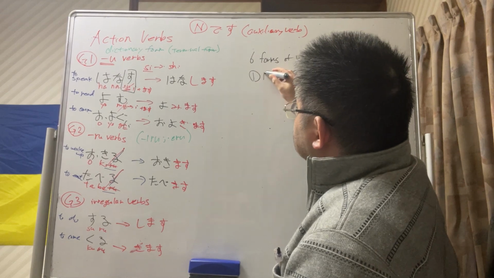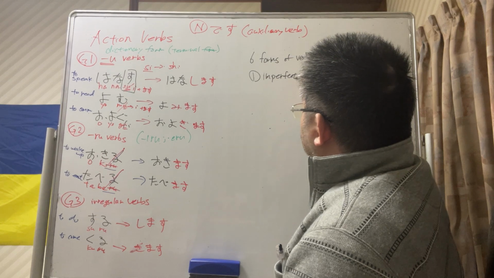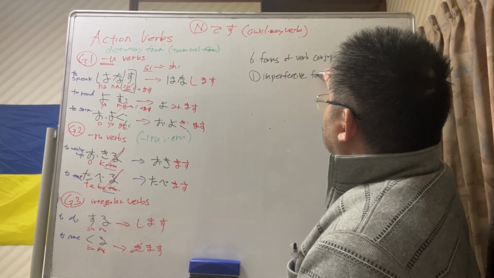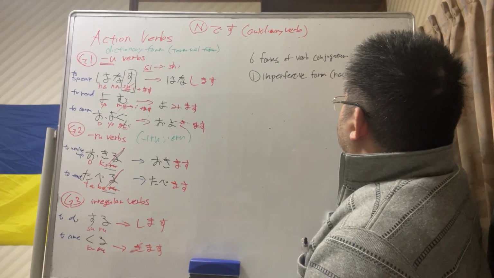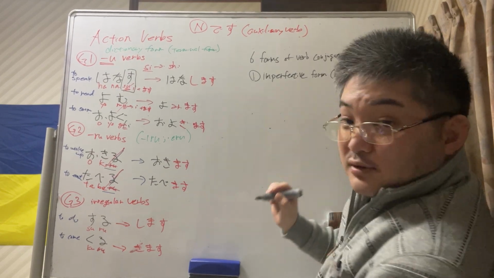And one is called imperfective. I actually translated this myself, but this is the so-called nai form. So the nai form is the imperfect.